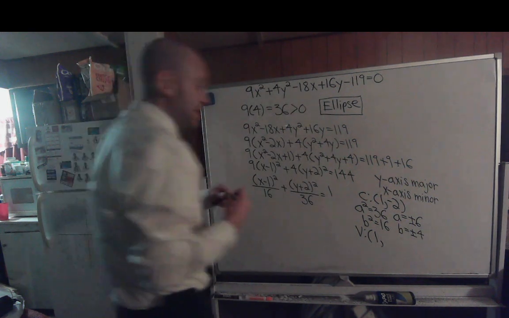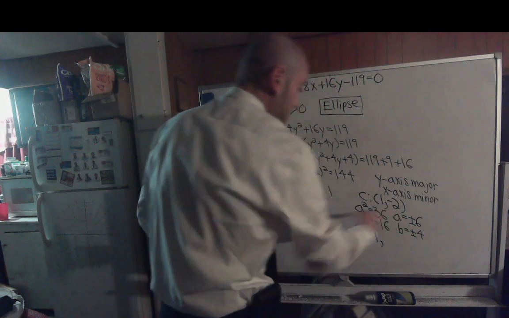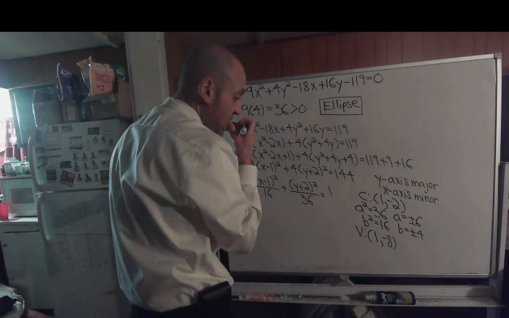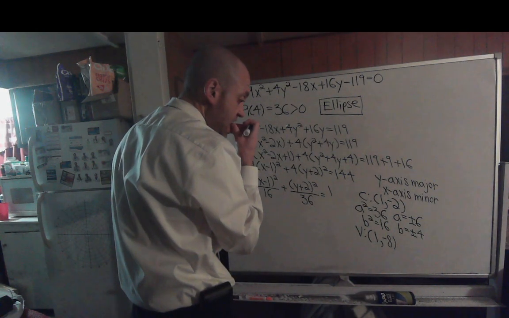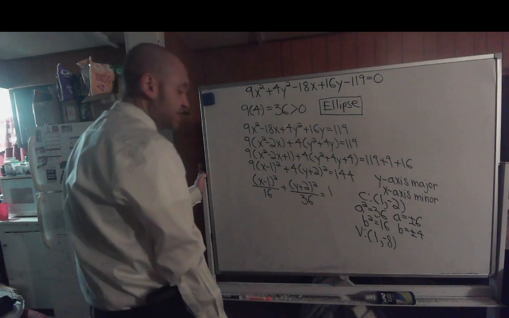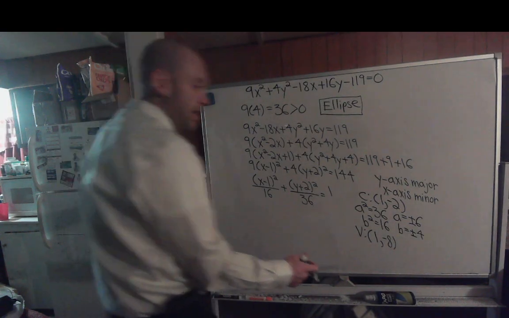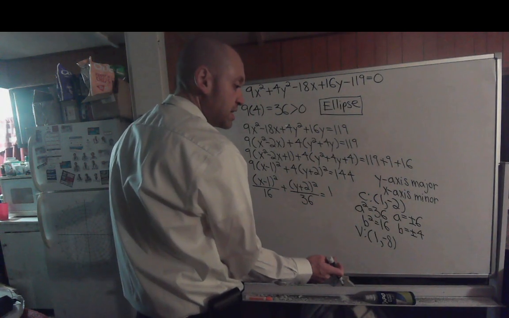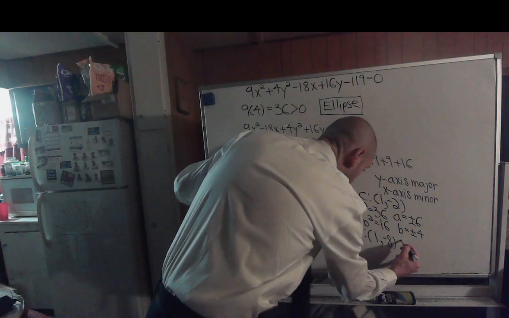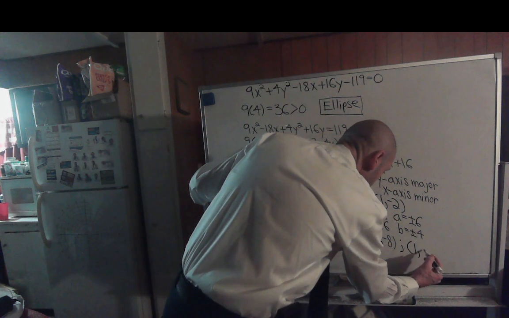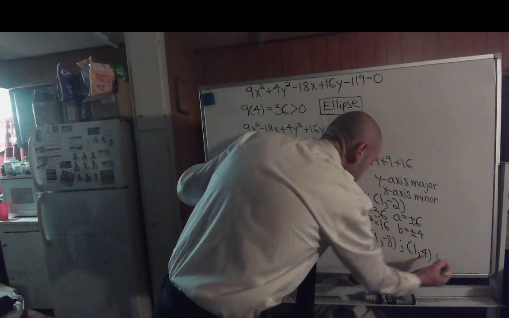So if I take 6 and subtract that from negative 2, I'll have negative 8. So my first vertex, we'll call it the vertex there. My vertices then are, let's see, we'll have 1, negative 8. And then if I take negative 2 plus 6, that'll give me another point of 1, positive 4.